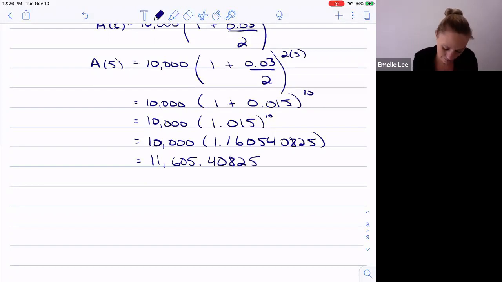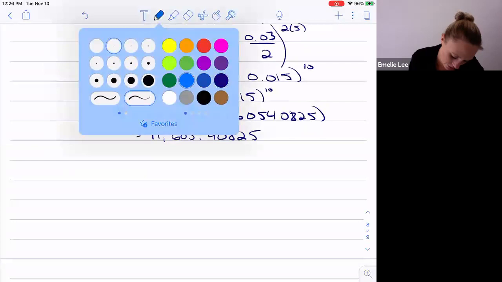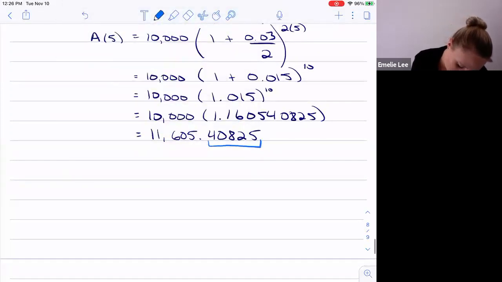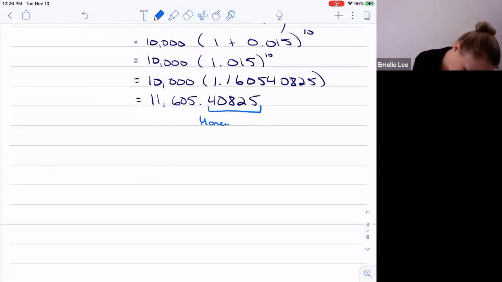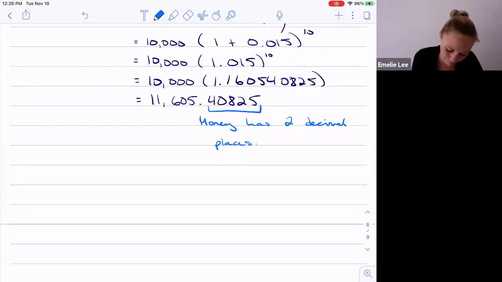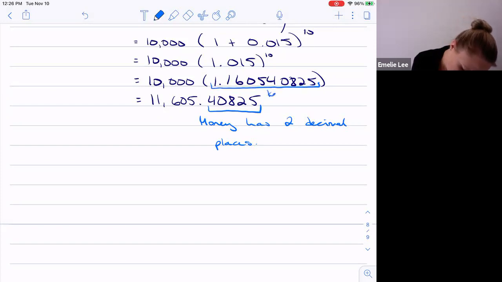So now if we multiply that 1.16 times 10,000, I get 11,605.40825. Okay. And what we're going to remember is that money only has 2 decimal places. Money has 2 decimal places. And up here, you have to keep as many decimals as possible.